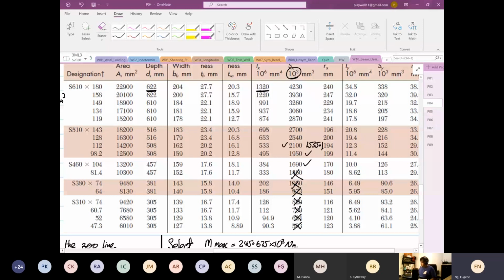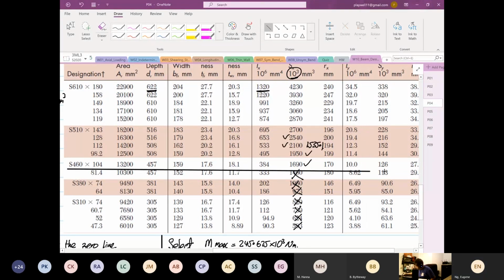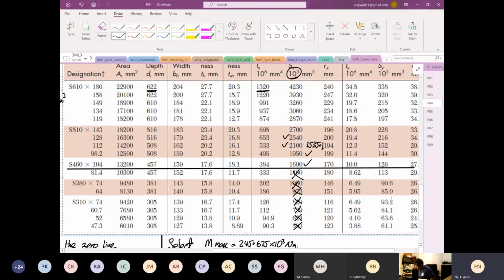Okay. Now, based on S minimum, you can use anything above here. Anything above here, we are good to go. Okay, we can use everything over here.